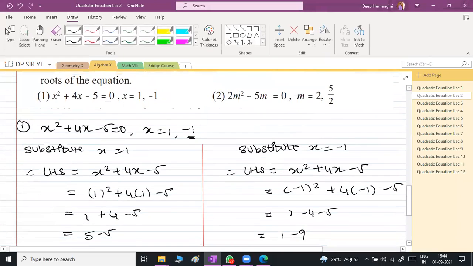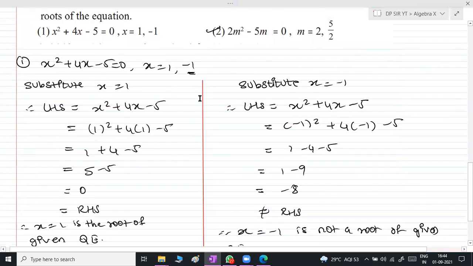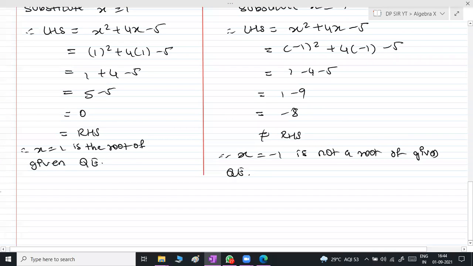and let's solve for the second question, that is 2m square minus 5m is equal to 0, where your values for m are 2 and 5 by 2.